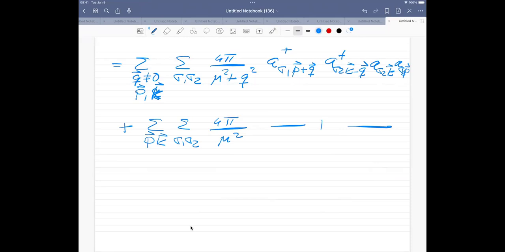Now the term which you will also find in the lecture notes, which I'm not going to deal with now, is actually this final term.